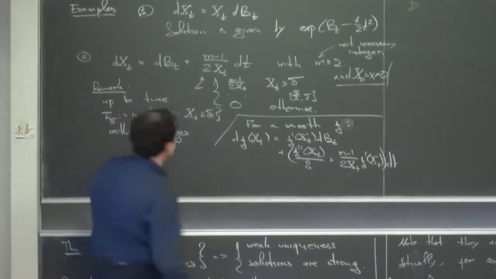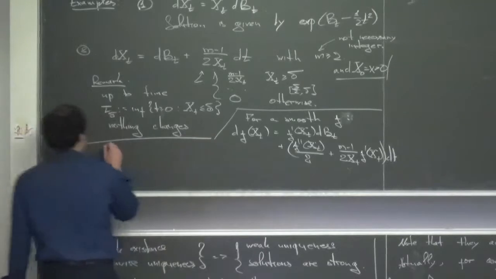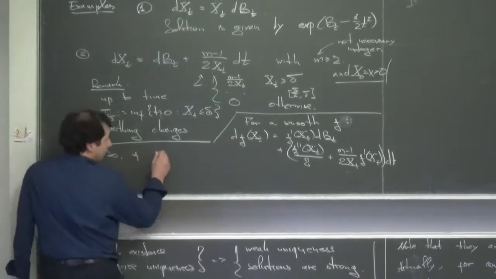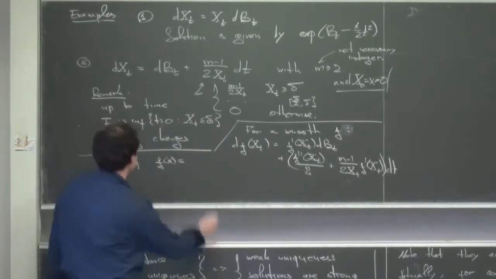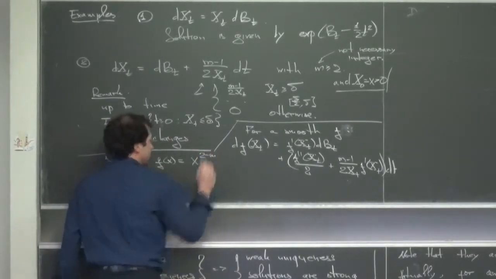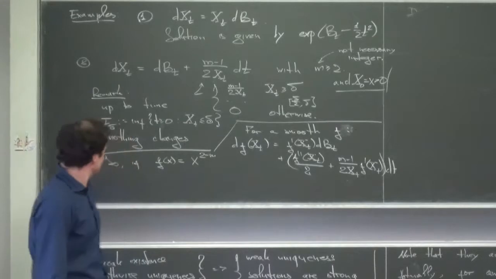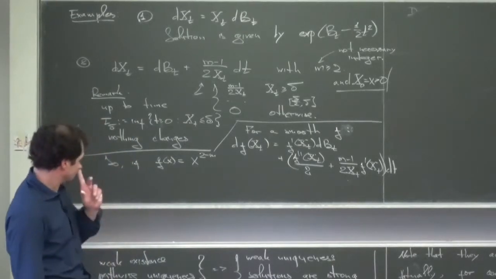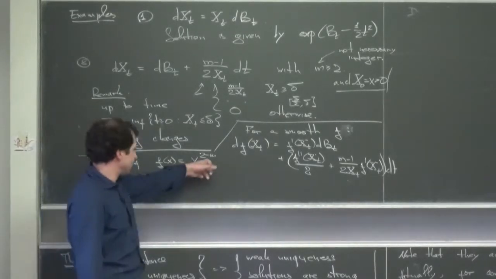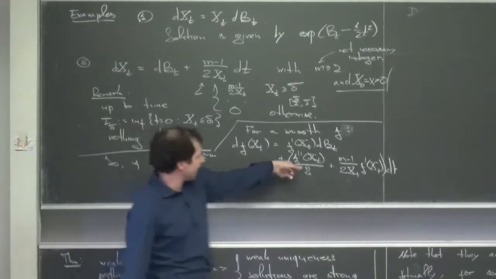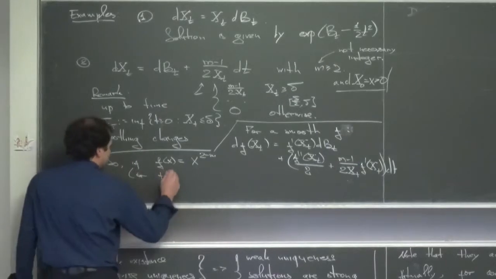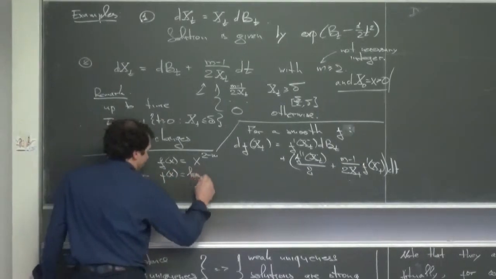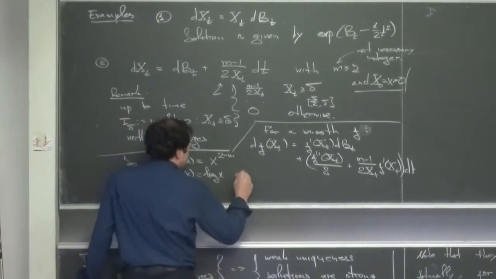Okay? So if f is what? Hopefully, it should be x^(2 minus m). Then the first derivative is (2 minus m) x^(1 minus m), and it cancels here eventually, or log for m equals 2.